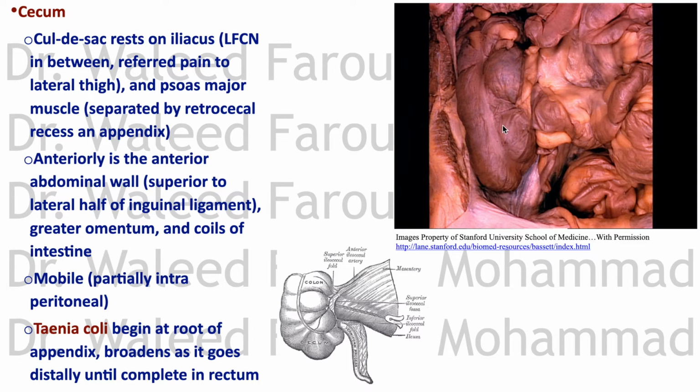So it's slightly mobile because it slightly protrudes in the peritoneum to form the retrocecal recess behind it.